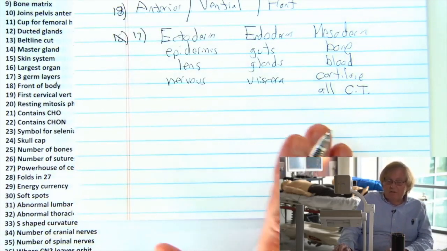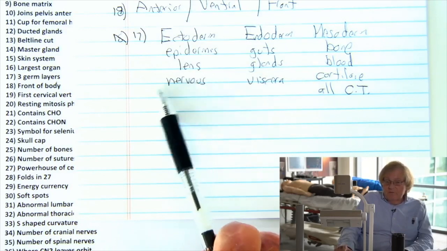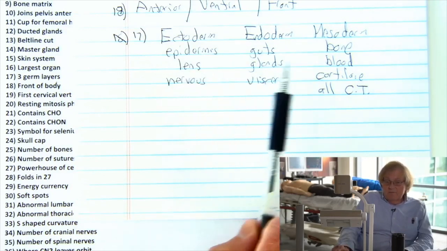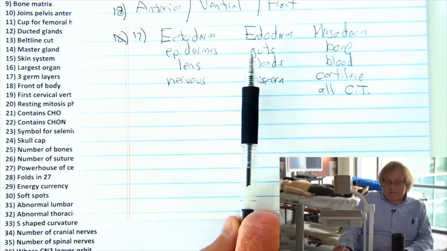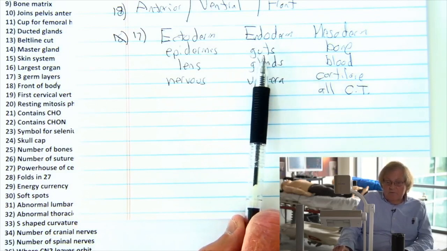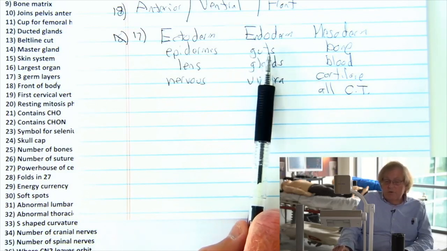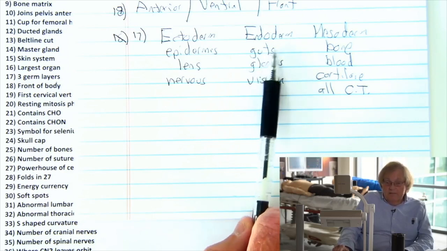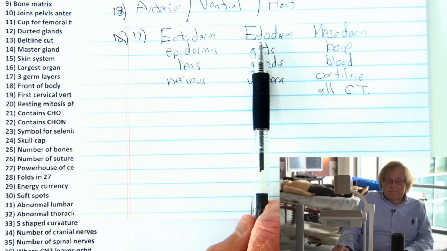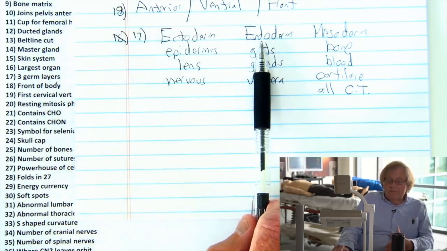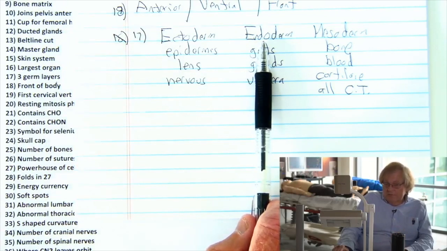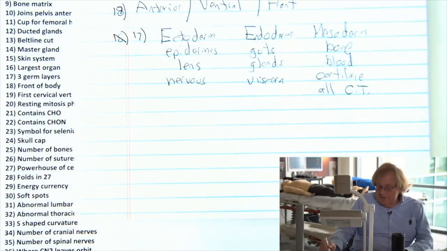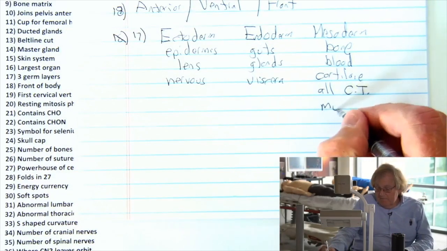For example, if you started out with something in the gut, say a tumor inside of my distal colon, that would be an endodermal tumor. But if I didn't take care of it or excise it or laser it away quickly, that tumor would spread to the muscle layer, and muscle is in mesoderm.